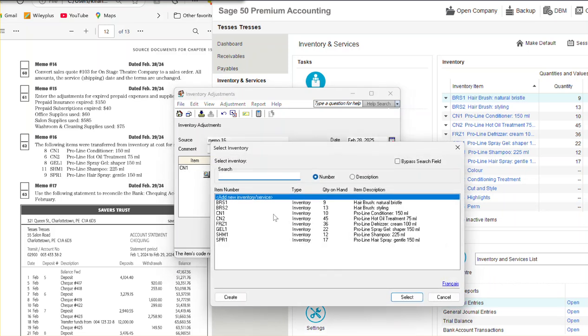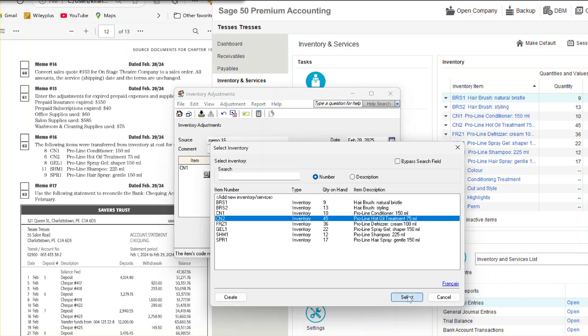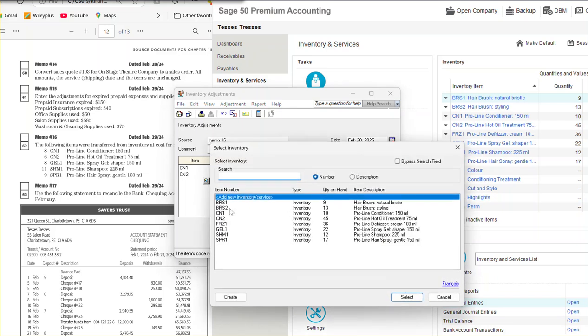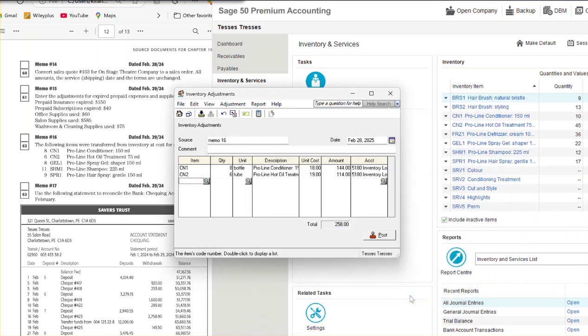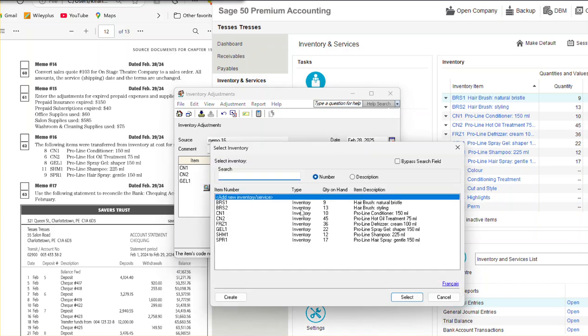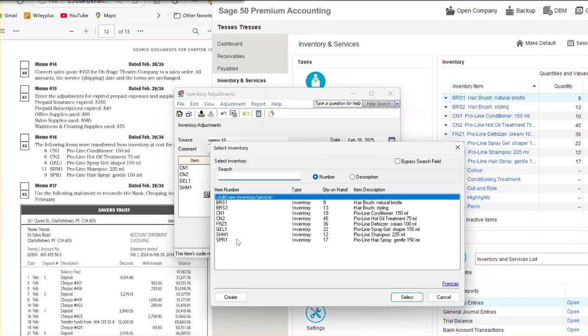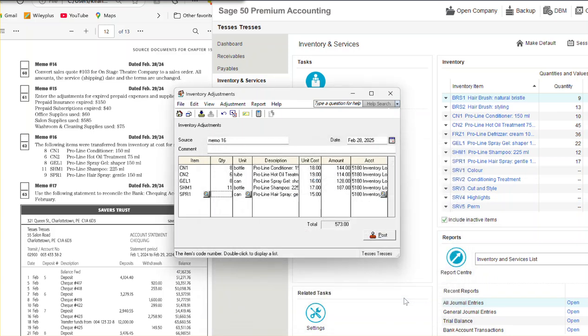You go to the next one, CN2 was 6. You go to the next one, GEL, and that would be 8. We go to the next one, SHM1, and that will be your 11. And the SPR1 will be your 9. You could just say transfer from the inventory.